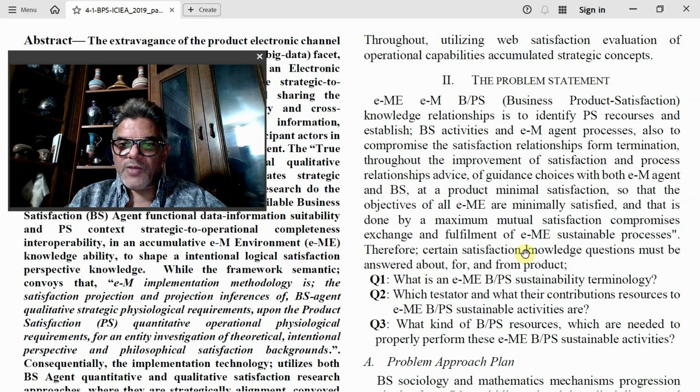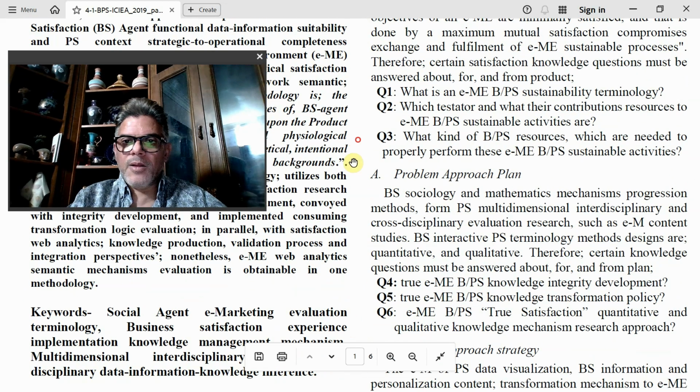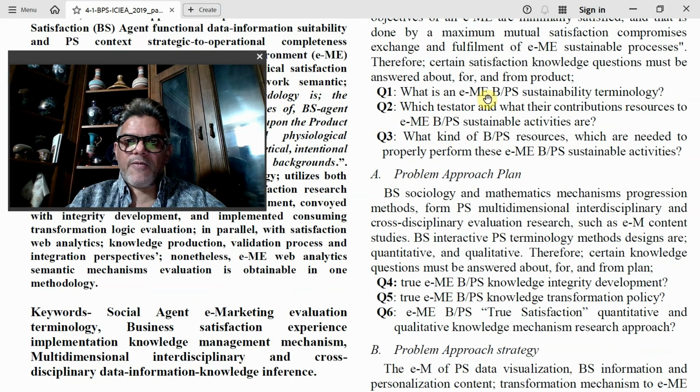Therefore, certain satisfaction knowledge questions must be answered about, for, and from product, because we are talking about the product satisfaction. What is an e-marketing environment business/product satisfaction sustainability terminology?